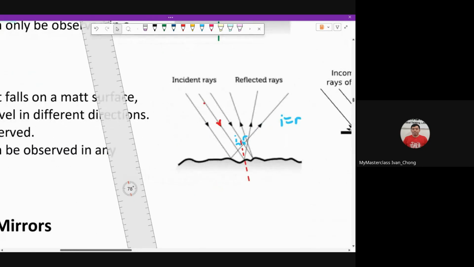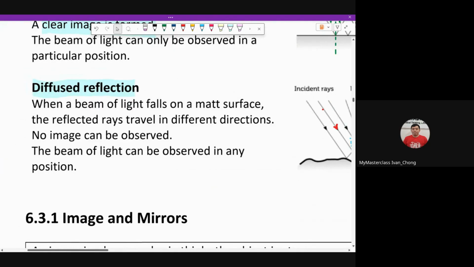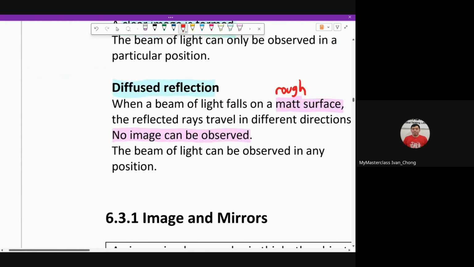So what does this mean over here? Whenever you have any kind of rough or jagged surface that you see, so this word matte, it means rough. Okay? So what happens? You will have either no image form or you will have a blurry image form.